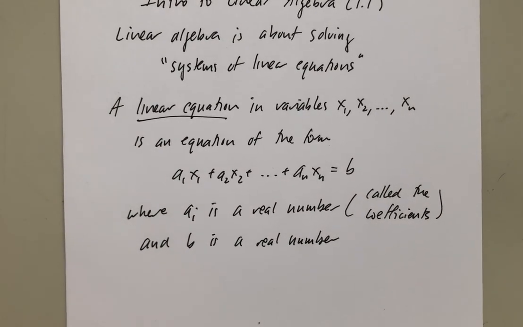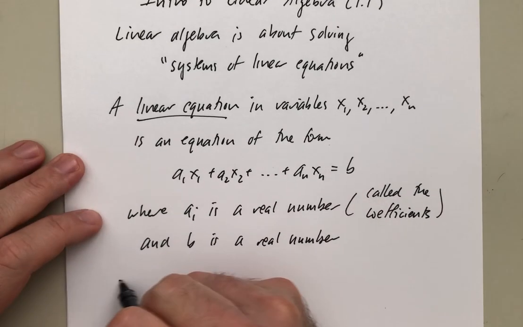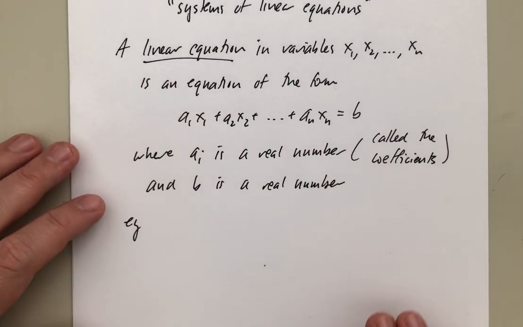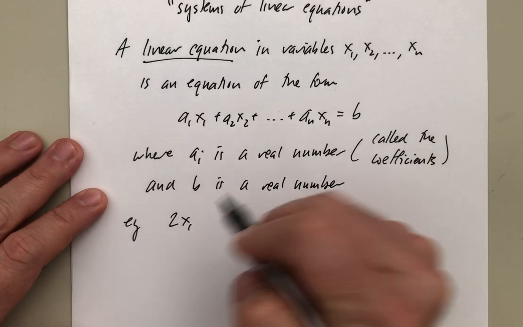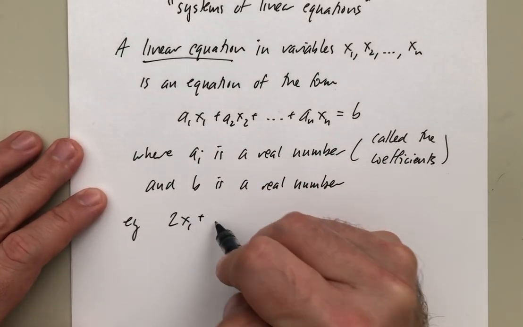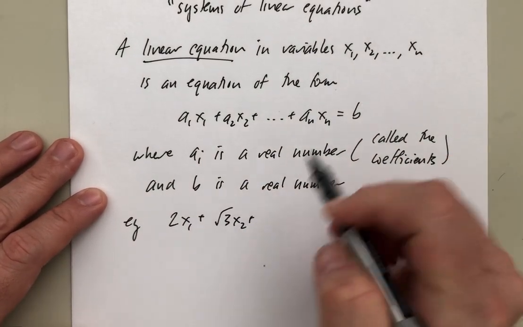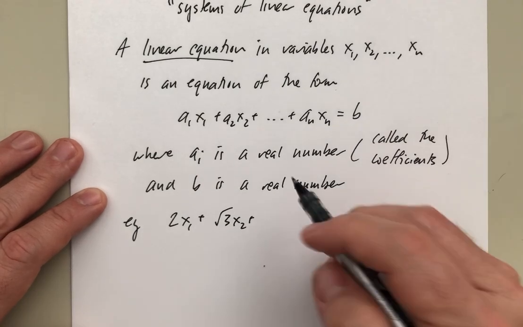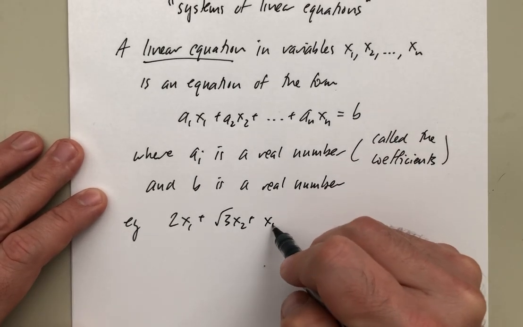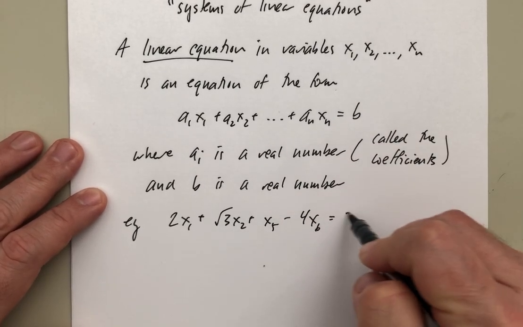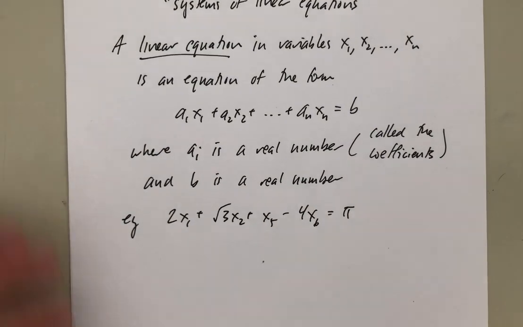Let me give you an example of what I'm talking about here. Again, these are the simplest kind of things you can do. I'm going to put some number in front of x1, some number in front of x2, maybe 0 in front of x3, 0 in front of x4. Then I'll have an x5 minus 4x6 equals something, let's say pi. That's a linear equation.